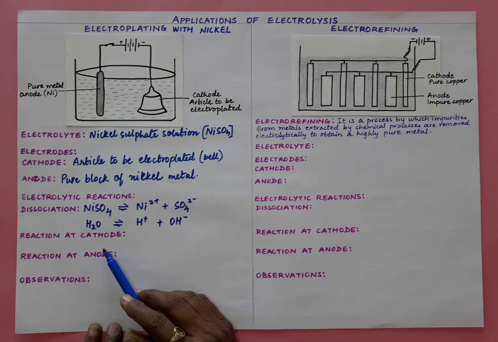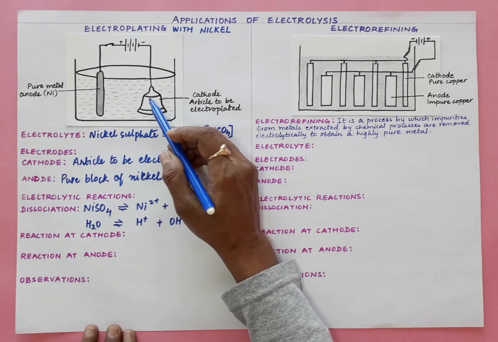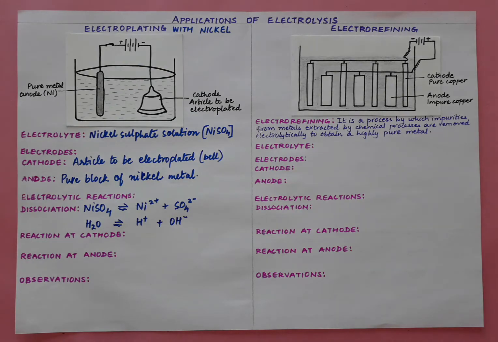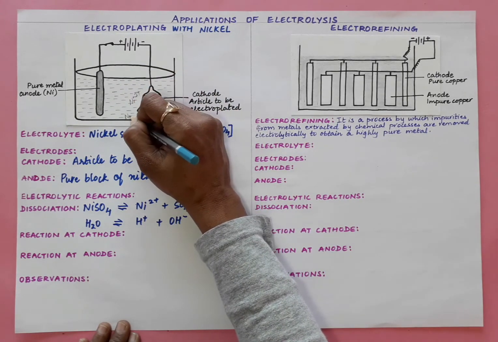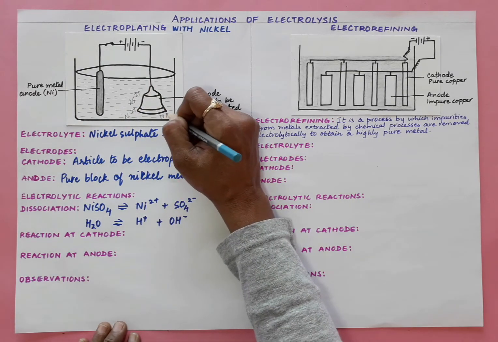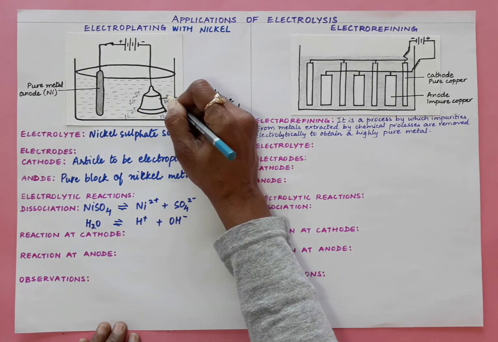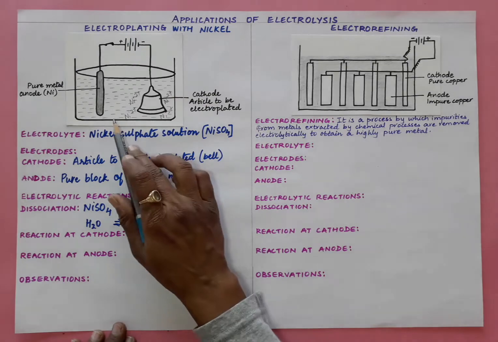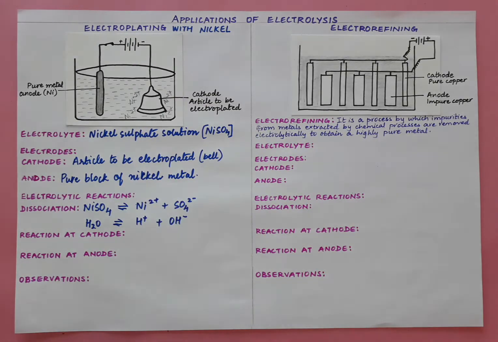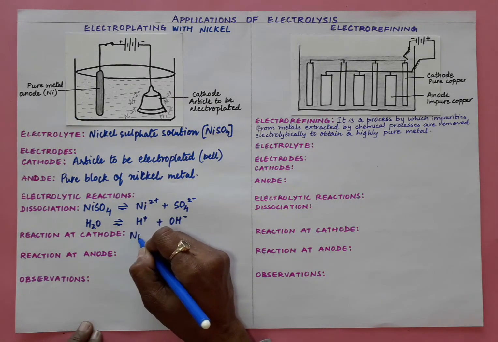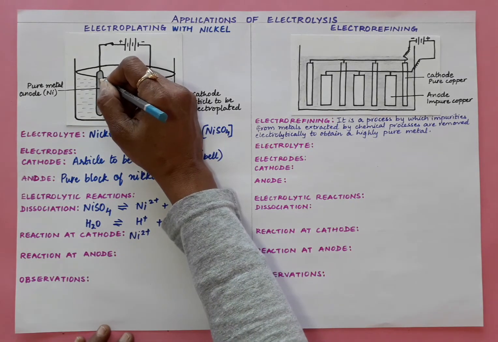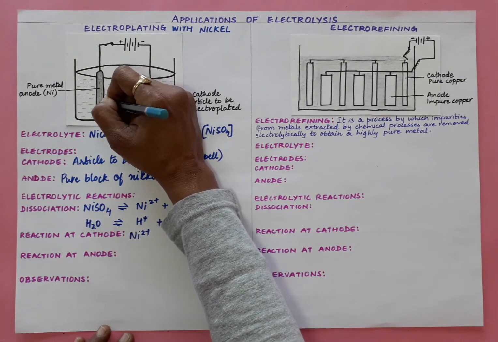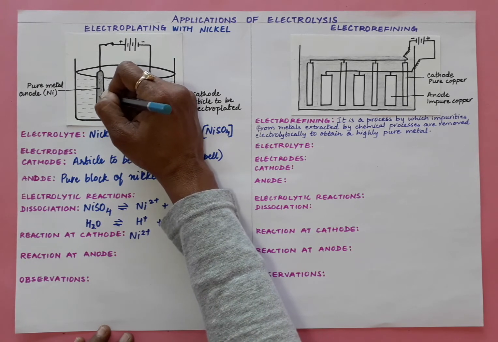Now what happens at the cathode? The positively charged ions, all the nickel ions, will get attracted towards the cathode. At the same time, the anode is made up of a pure nickel block with many nickel atoms.